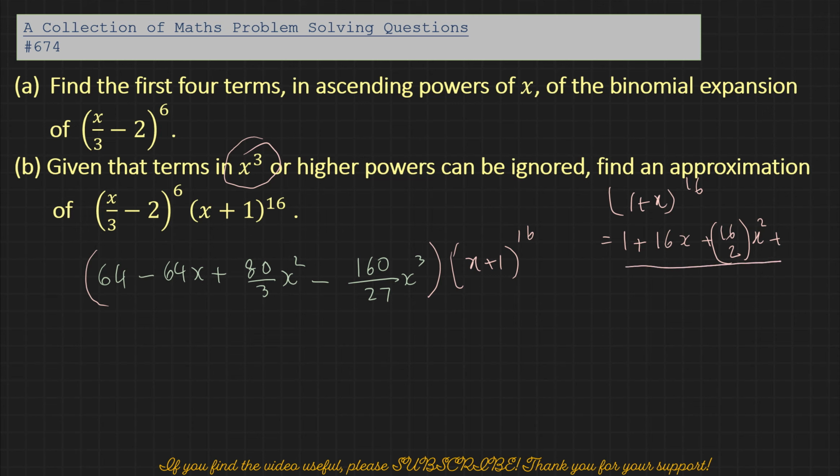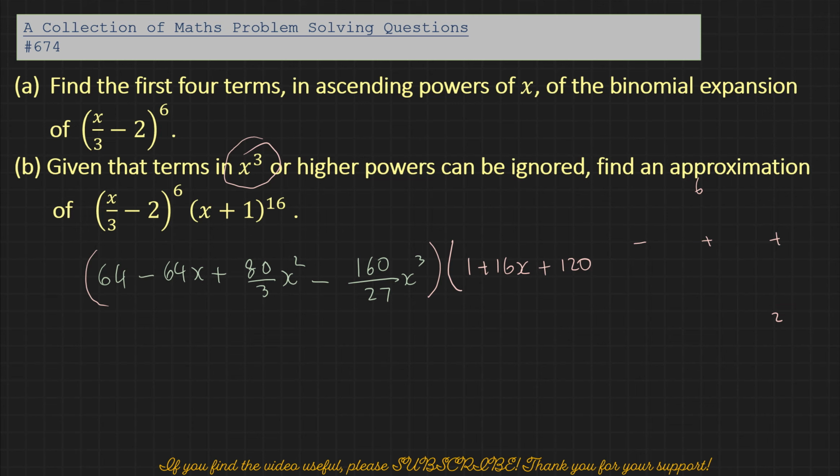That is all we need. 16C2 is 16 times 15 divided by 1 times 2, that is 8 times 15, which is 120. So I can write 1 + 16x + 120x².